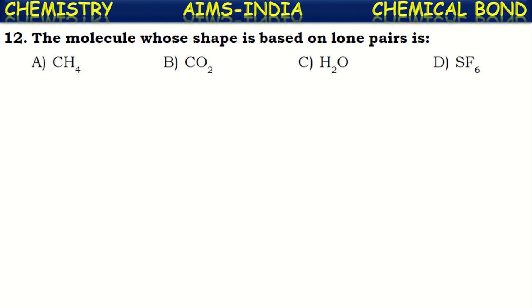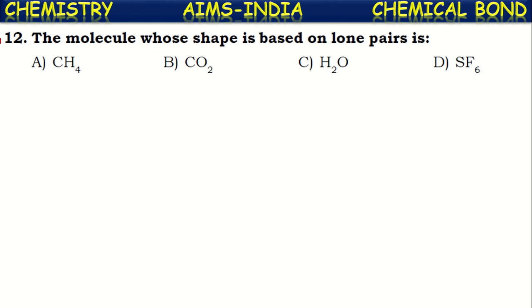The molecule whose shape is based upon lone pairs. Generally, the shapes of molecules depend upon the bond pairs and lone pairs present on the central atom. Here, the molecule in which the central atom has at least one lone pair of electrons, its shape will be dependent upon the lone pairs also.